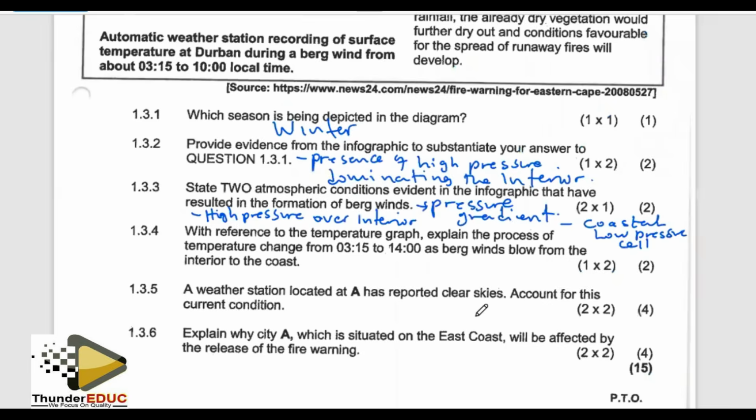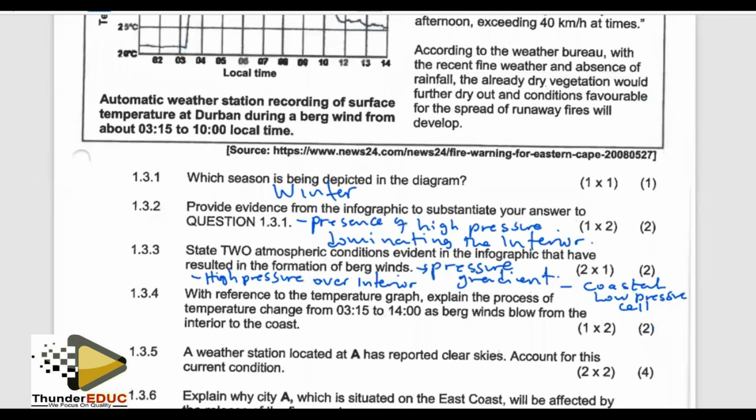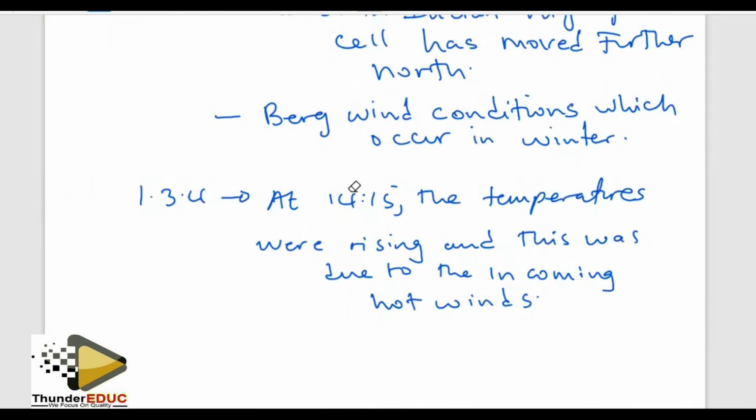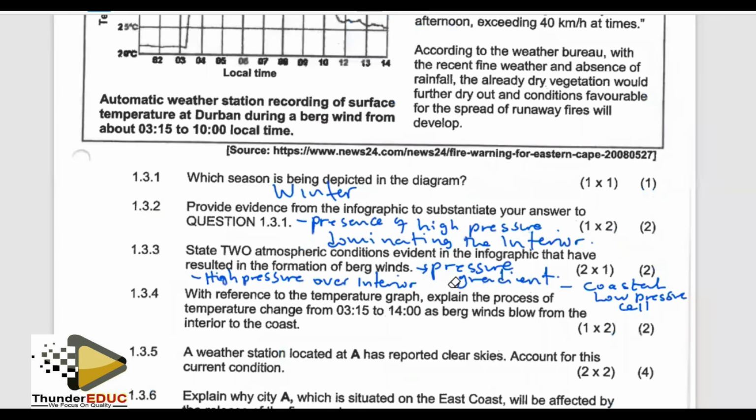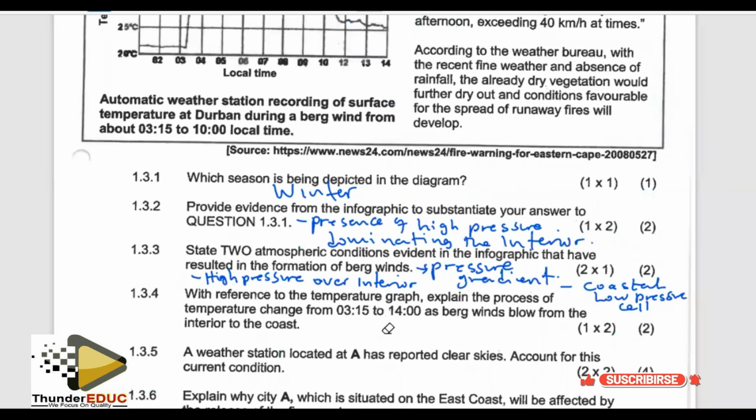Sorry, we said 0315, not 2. Let's hear the question once again: with reference to the temperature graph, explain the process of temperature change.